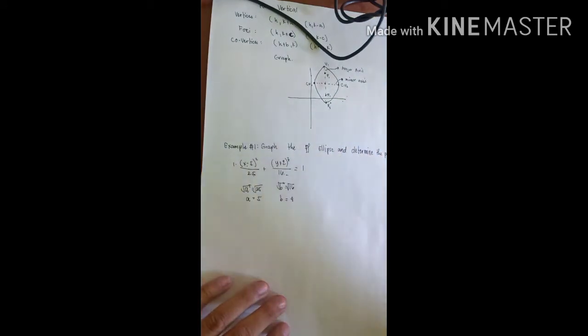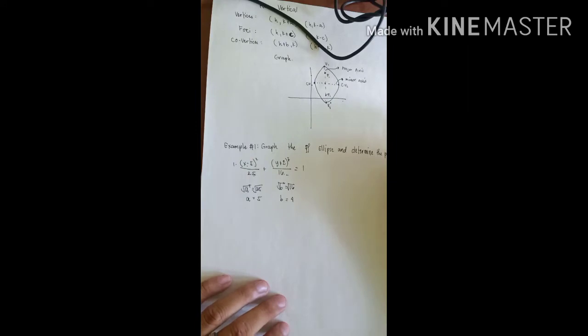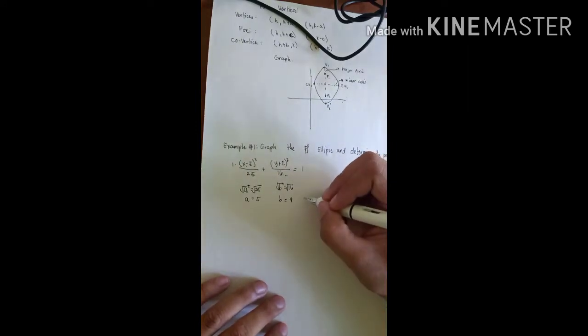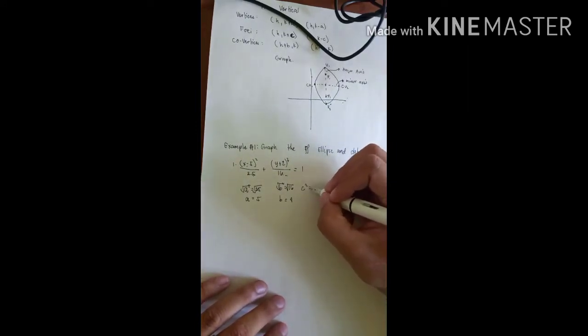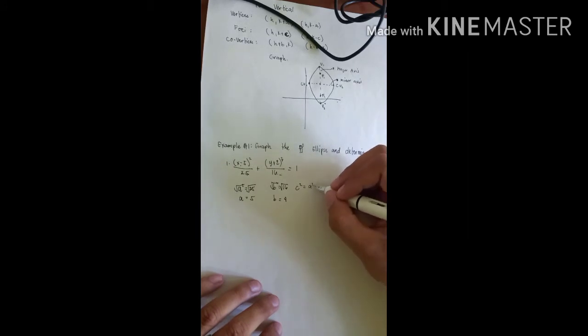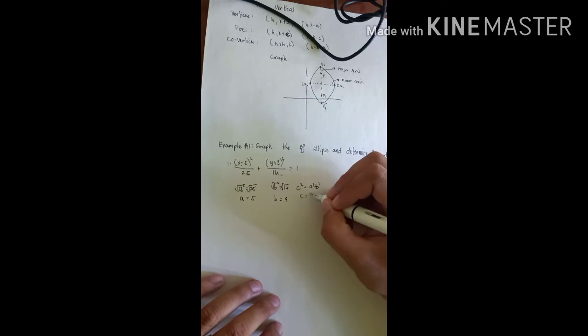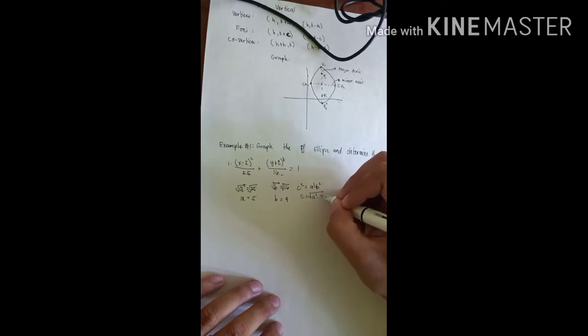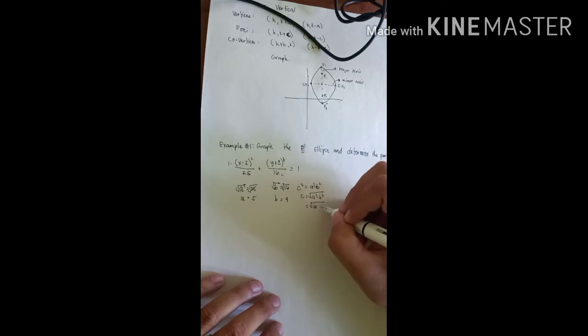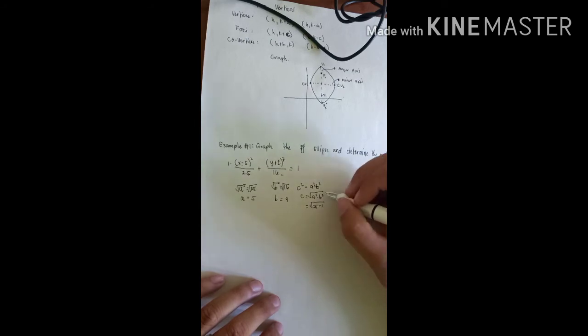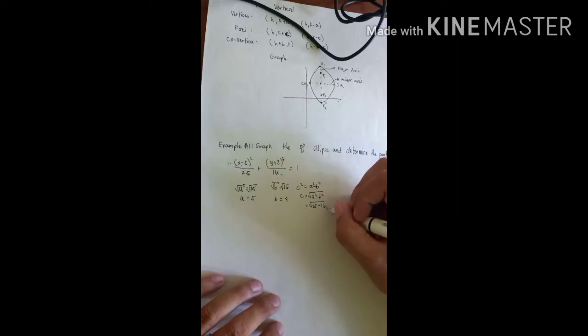And then, para mas madali na lang, let us find c. So, c squared is equal to a squared minus b squared. So, c is equal to square root of a squared minus b squared. So, square root of 25 minus 16, that is equal to 9.